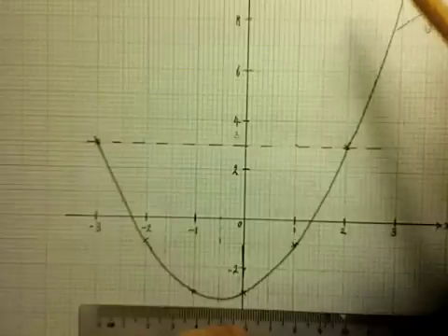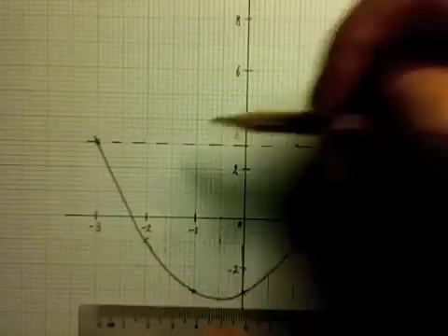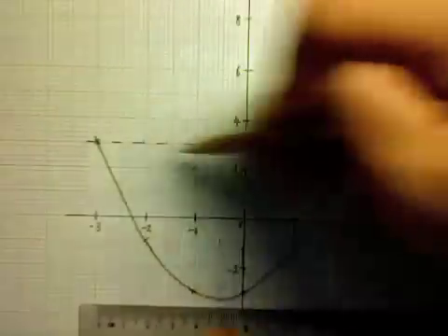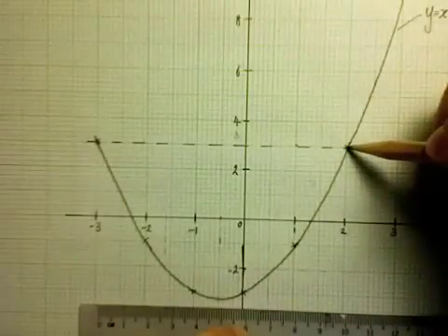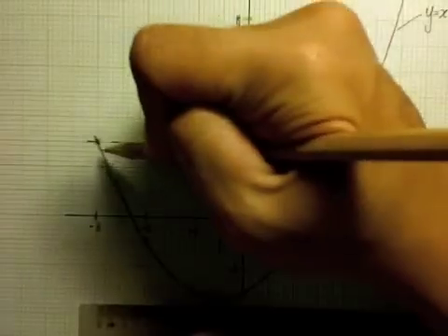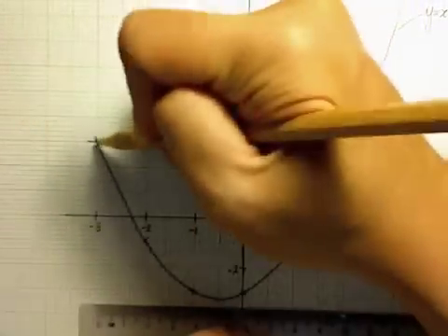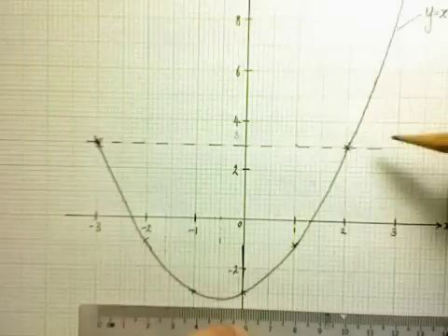Now second step, we need to find the intersection point between the line and the curve. Where do they meet? They meet at this point here and this point here, and this is known as the intersection point.